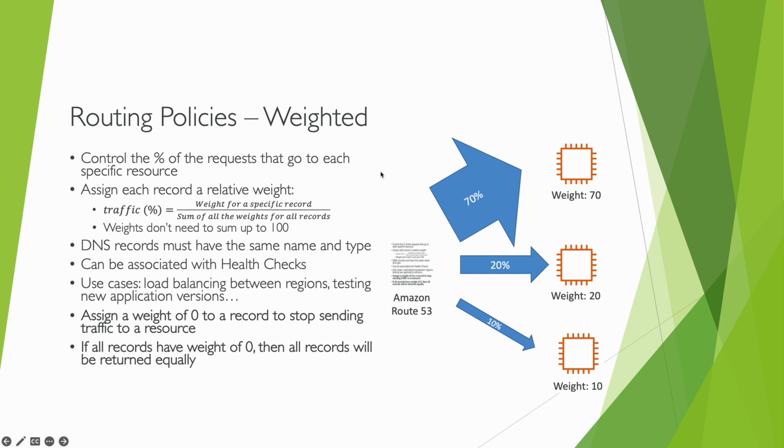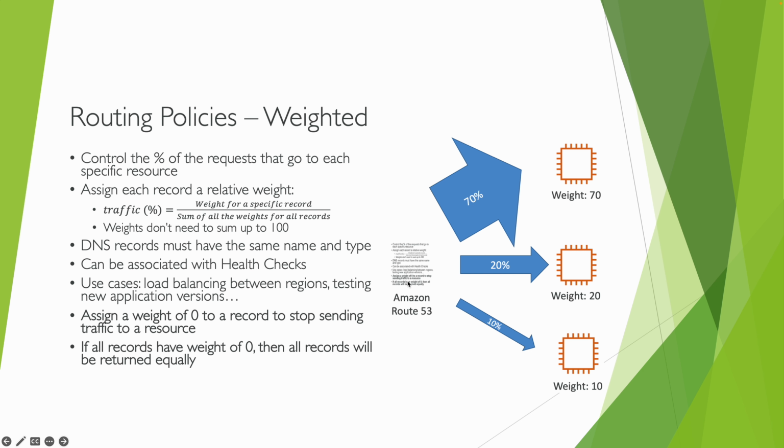Coming to the routing policies, another one is weighted. Weighted routing policy controls the percentage of requests that go to each specific resource, and assigns each record a relative weight. Based on that weight the traffic will go to the servers.